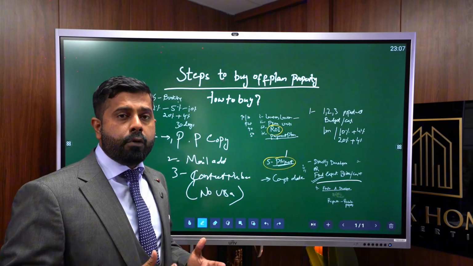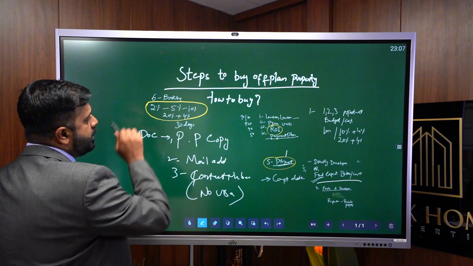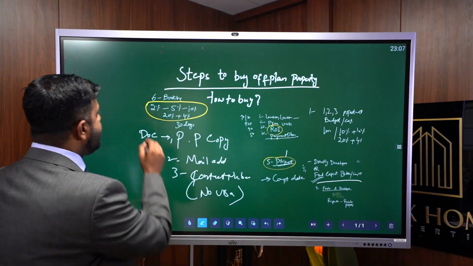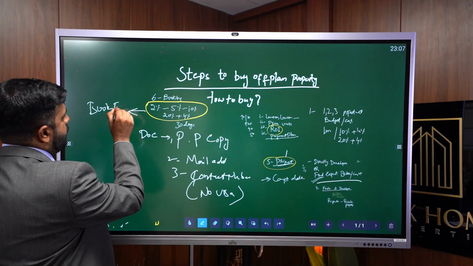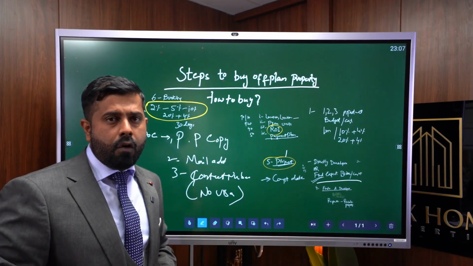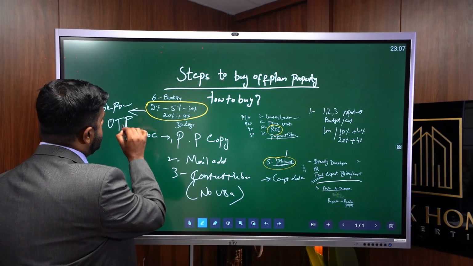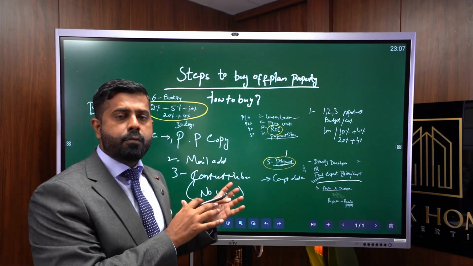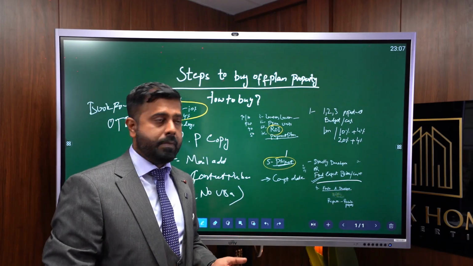One more important thing, once you pay this booking amount, you will receive a booking form, okay, or OTP, offer to purchase. In this booking form, you will have initial terms and conditions of the payments and the payment plan.